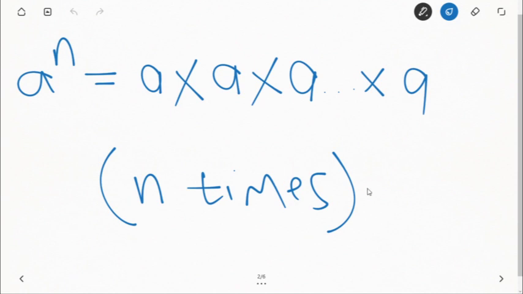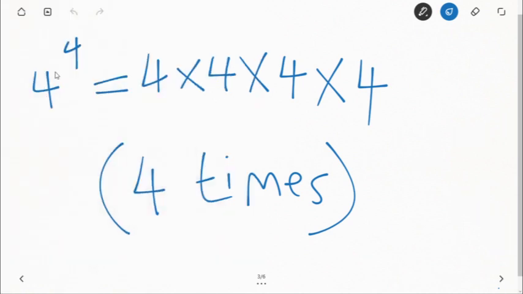Okay, for example, if I give you 4 to the power of 4, what's the meaning of this? It means that 4 will be multiplied by 4 how many times? 4 times. So this will be 4 times 4 times 4 times 4. So this gets repeated 4 times. Let's take a closer look at another example.